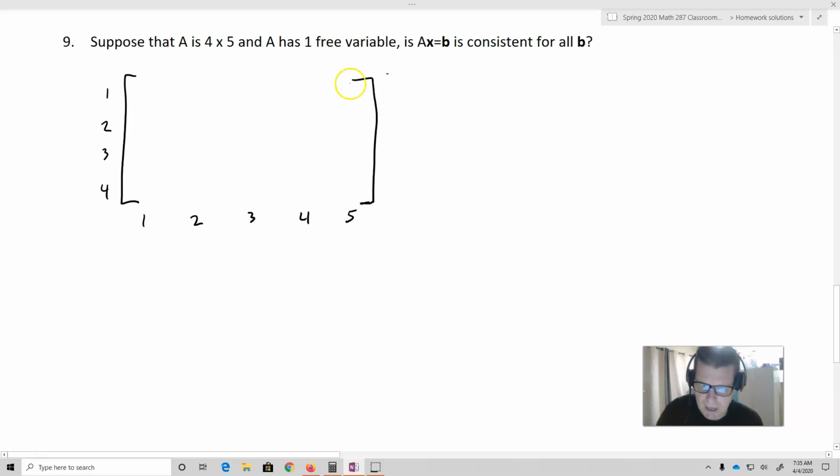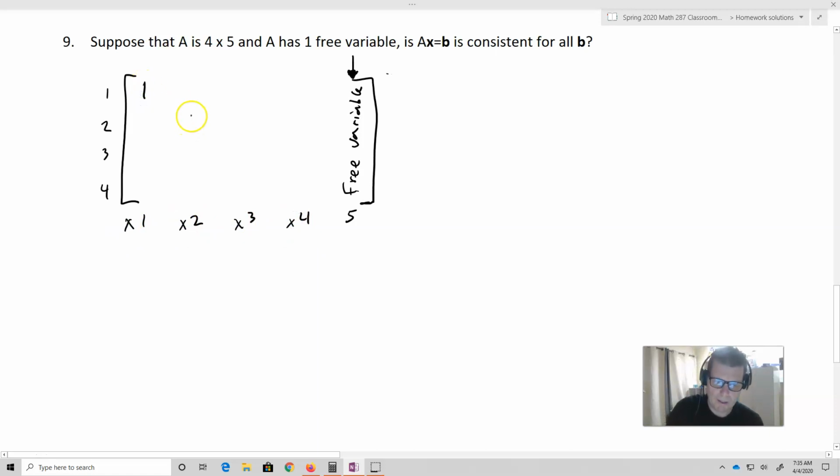And it has one free variable. So this one here is going to be my free variable. Okay. Free. Here's my free variable. So for each one of these other variables, x1, x2, x3, and x4, I've got to have a pivot because they're not actually free.